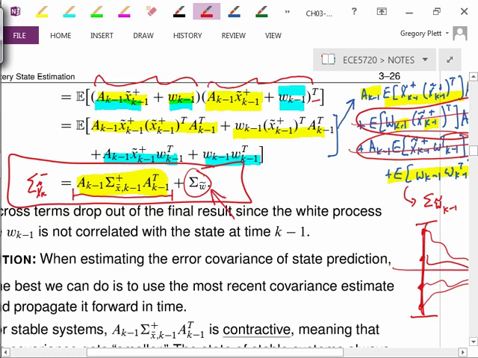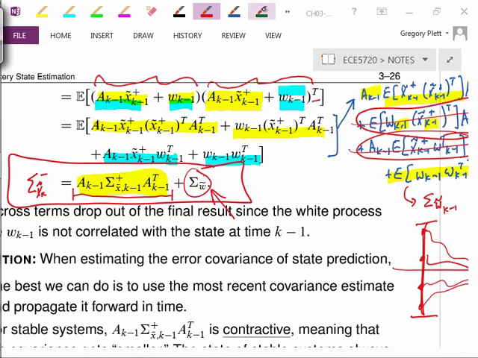The second term is the addition of uncertainty due to the passage, well, not the passage of time directly, but the process noise impact over time. I don't know what that W variable is, and it is affecting the state, and so it is adding uncertainty to this state, until I'm able to make some measurements and correct for it. But simply predicting into the future, the uncertainty of the state gets higher because of that sigma w term.